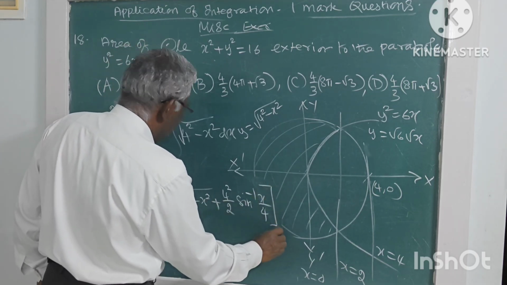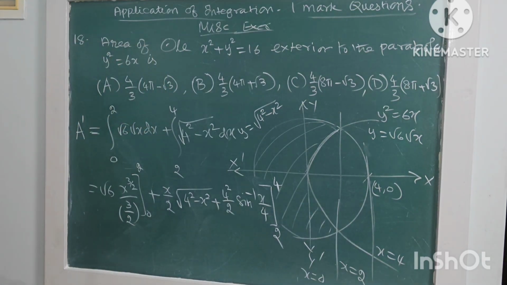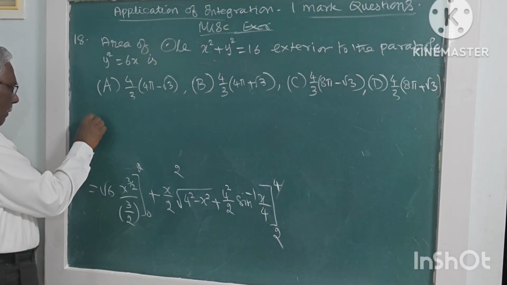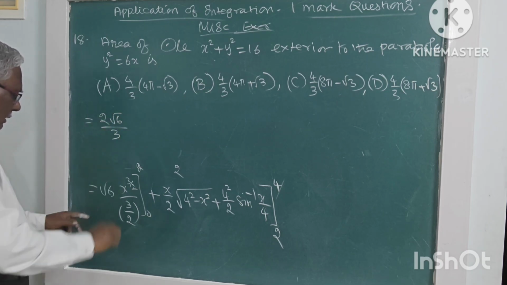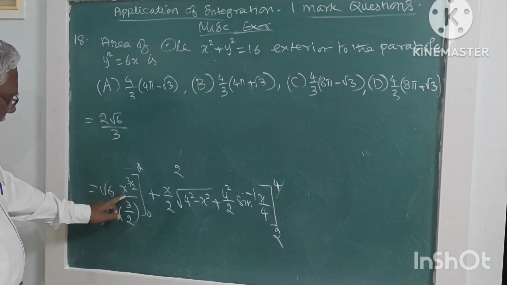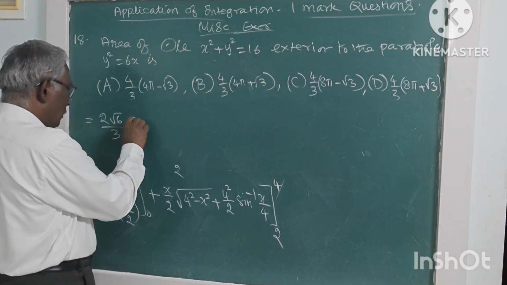So the limit is 2 to 4. 2 root 6 by 3 times 2 power 3 by 2, so 2 root 2.